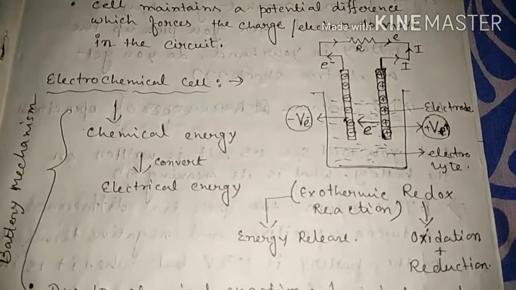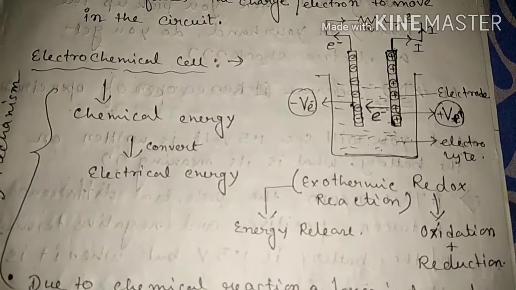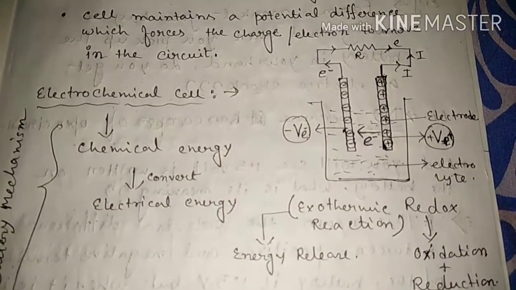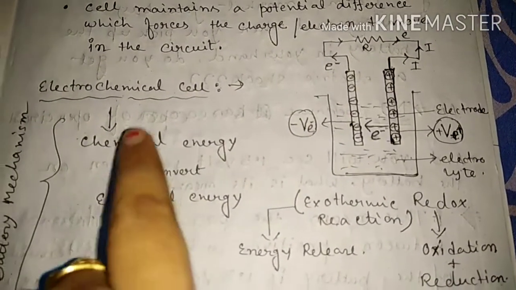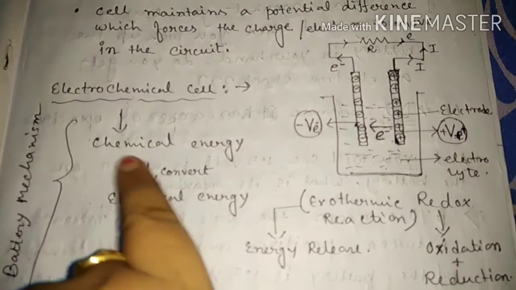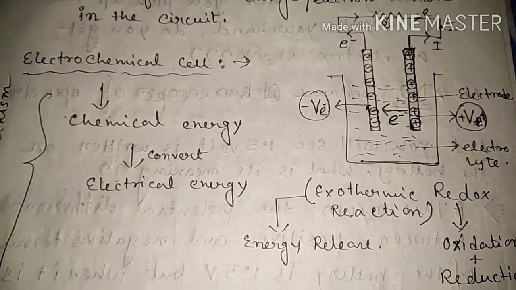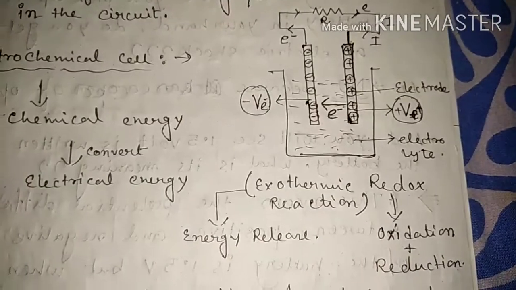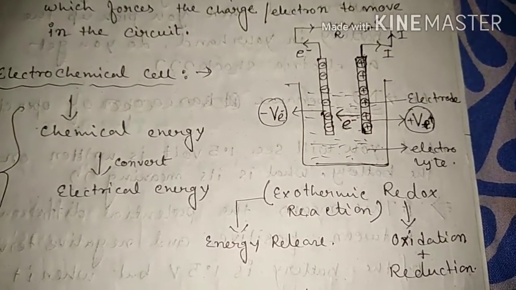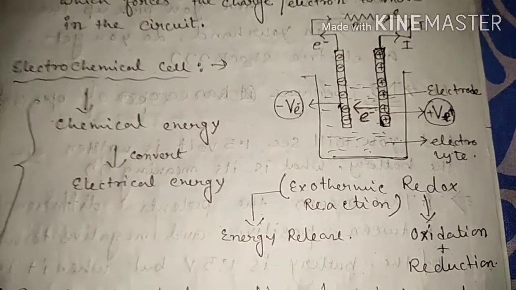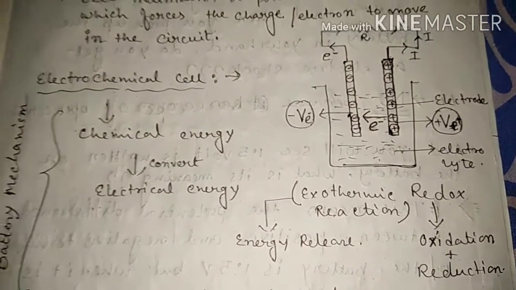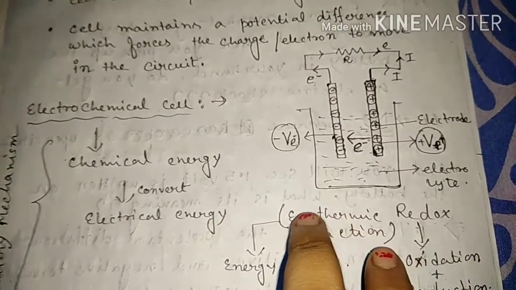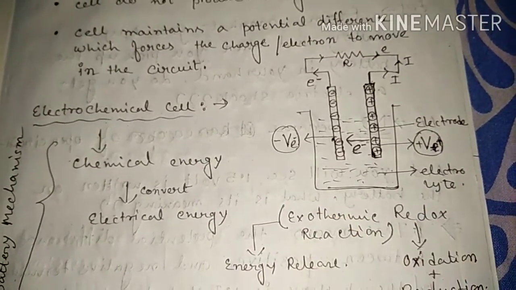So, exothermic redox reaction. Exothermic means energy release. During this chemical process, they release energy, called chemical energy, and that chemical energy is converted to electrical energy. Redox means oxidation and reduction, which you studied in chemistry class. Whatever reaction takes place is called an exothermic redox reaction.